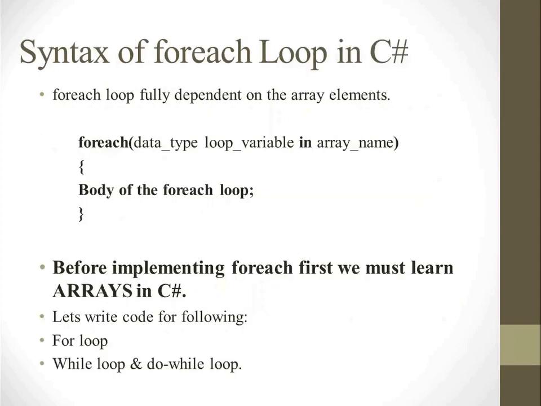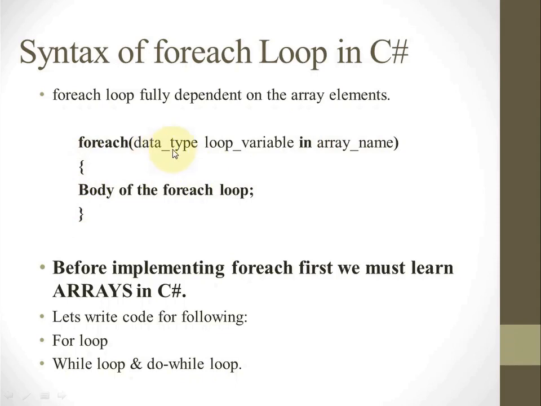So now let's see the syntax of the for each loop. You can see the keyword foreach, then within the brackets the data type and space, then the loop variable. Then again this is a keyword, space, keyword in, then space, array name. Then we start the body and end the body. So this is the body of the for each loop.